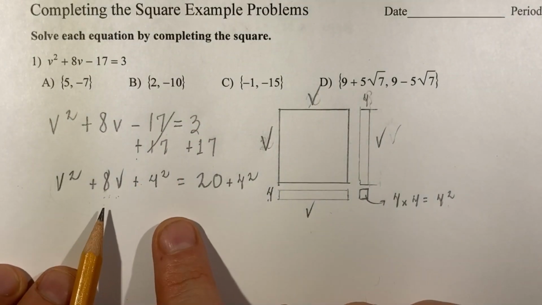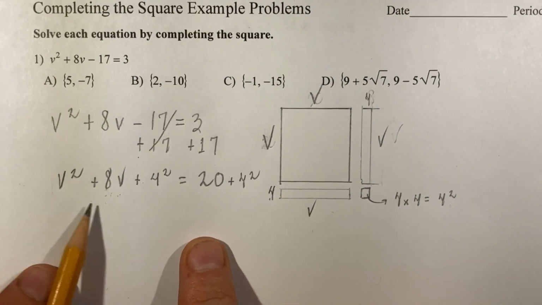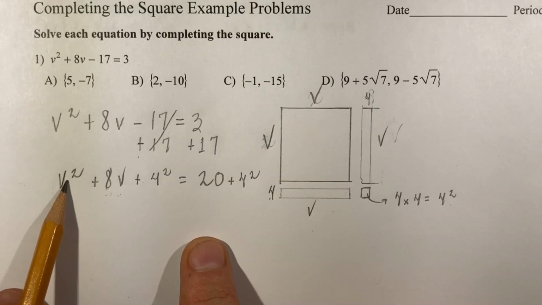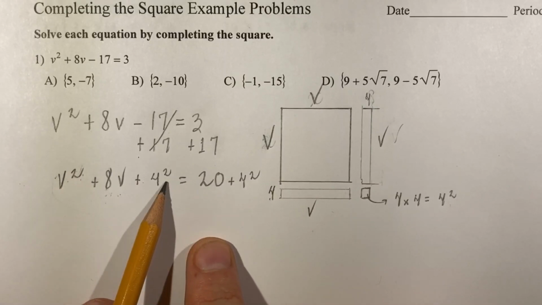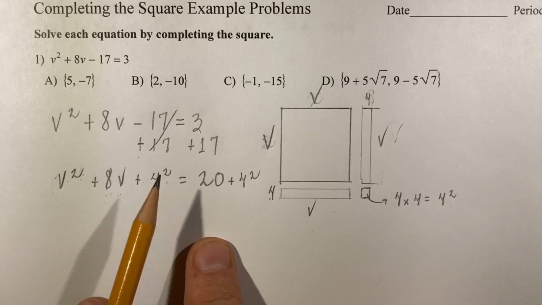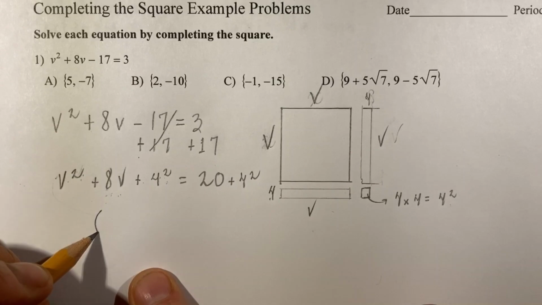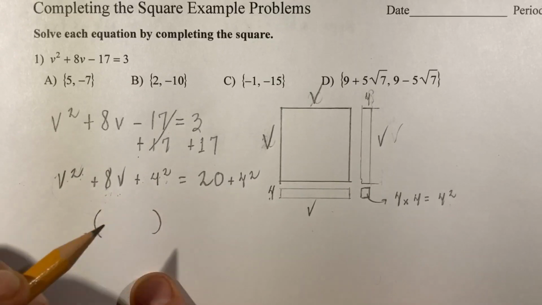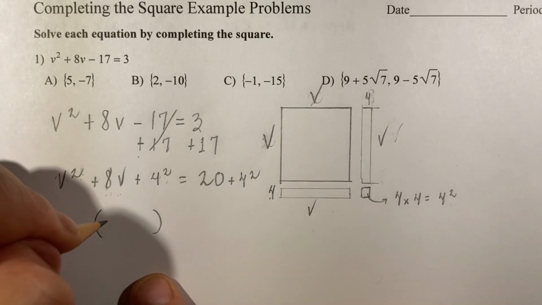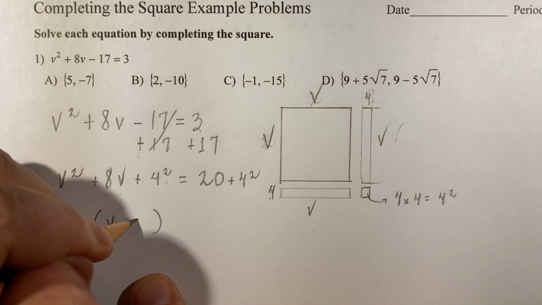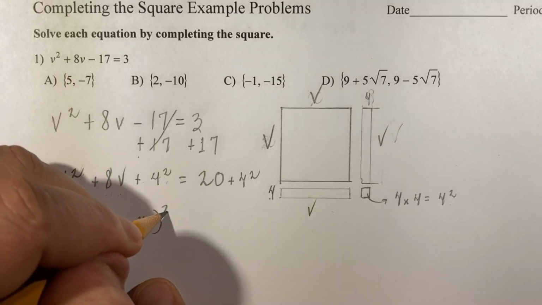Now, on the left side, what you have is a perfect square trinomial. Perfect square because the initial term is a perfect square and the final term is a perfect square. And so all perfect square trinomials can be factored into perfect square binomials like this. V plus 4 squared.